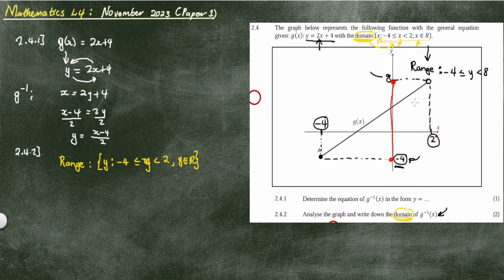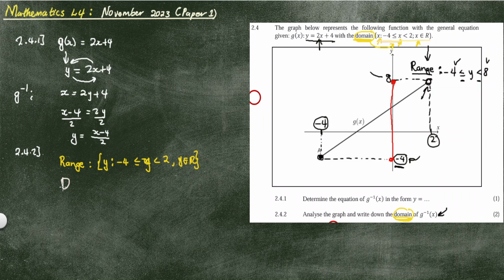It means that value is not included, there's a break at the end point of this function. An open circle means a break, do not include that value. A shaded circle means that it's included. So the minus 4 is included, but the 8 is excluded. All right, so this is the range for the original function.